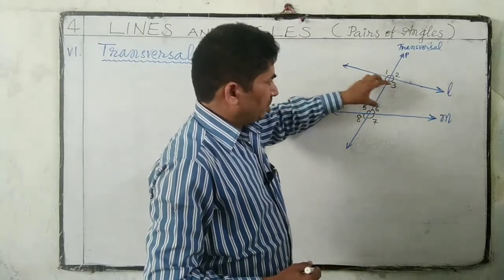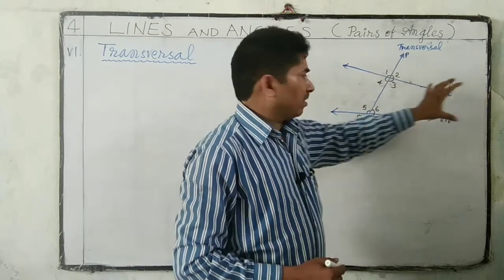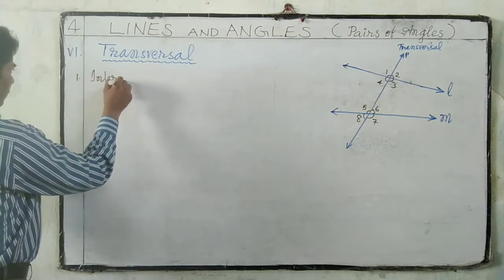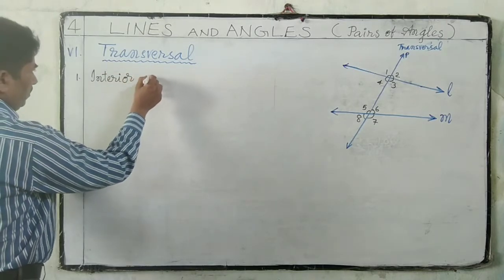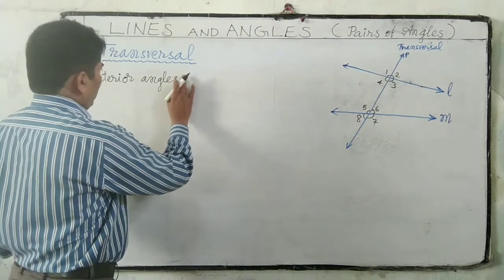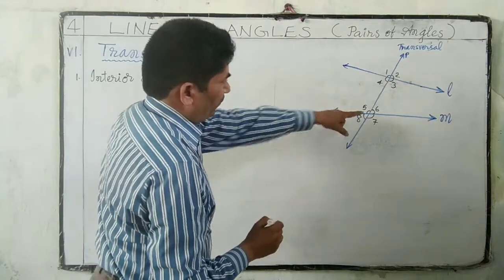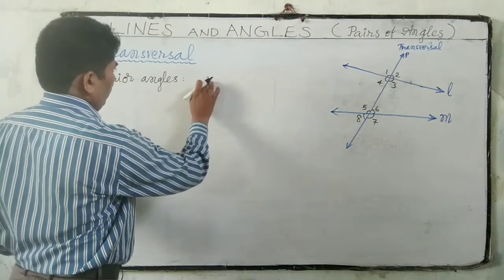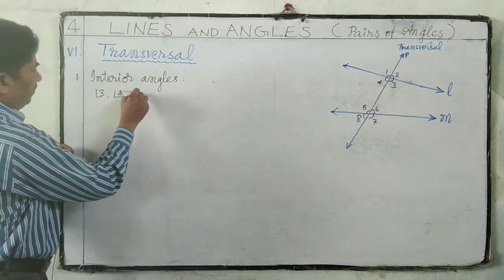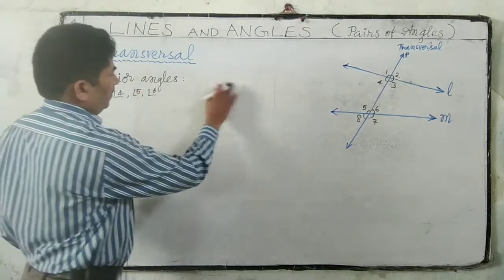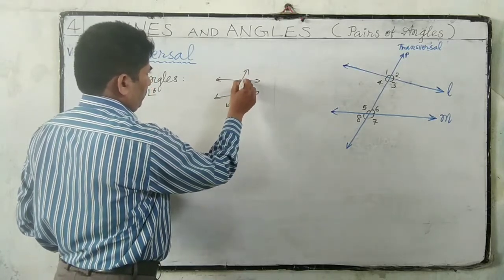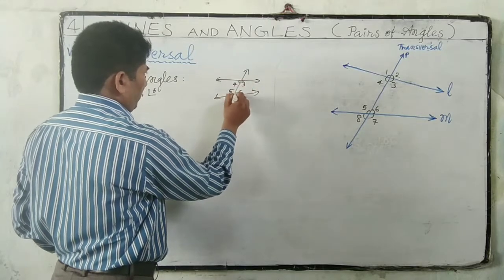The angles which are inside of the lines are called interior angles. Interior angles 3, 4, 5, 6.